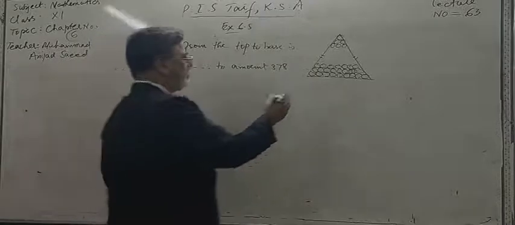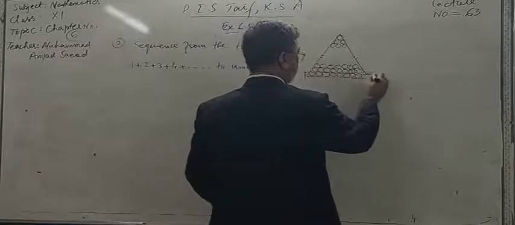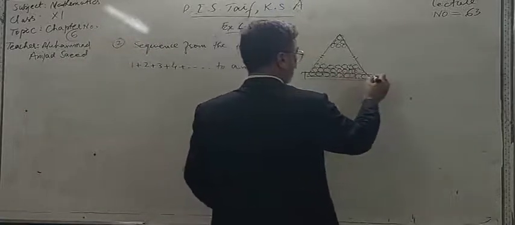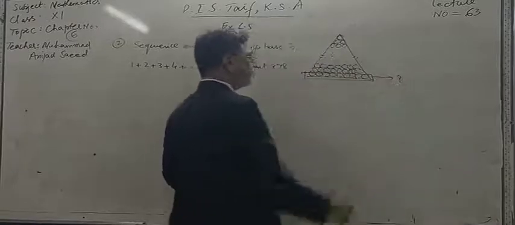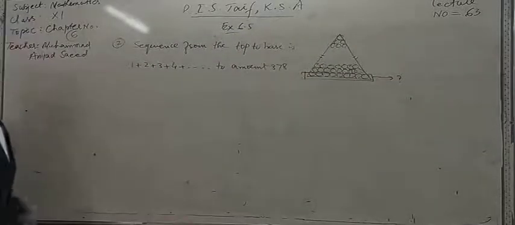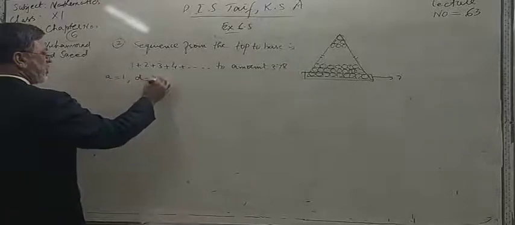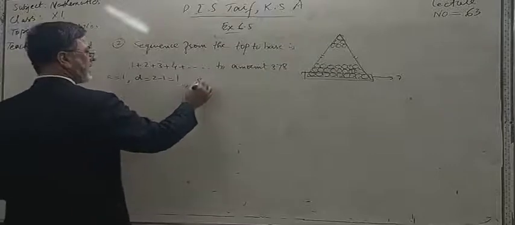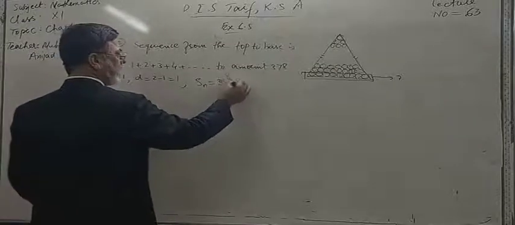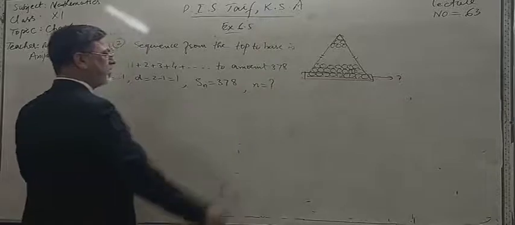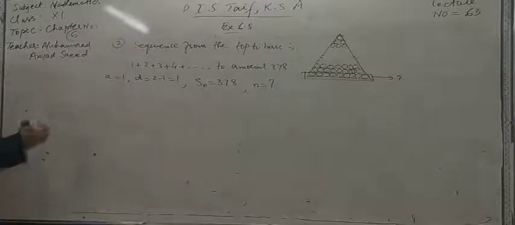Finally, we have to find the number of trees in the base row. It means that you have to find n. So what about a? This is 1. d is 2 minus 1 is 1. Sn is 378. You have to find n.